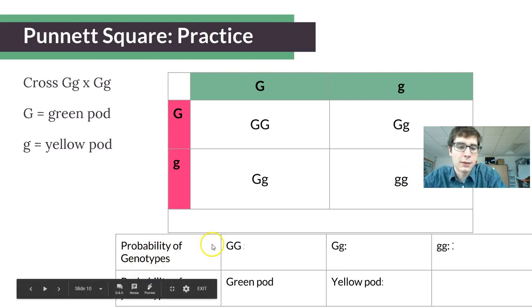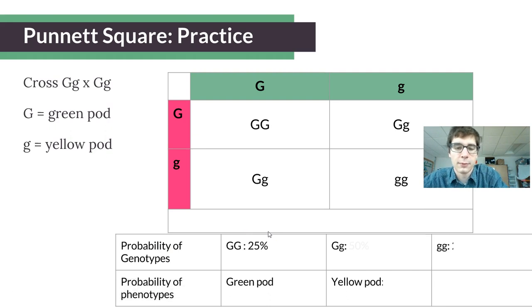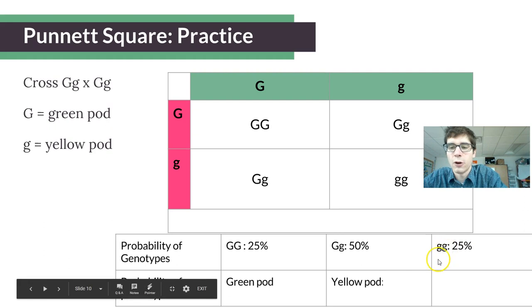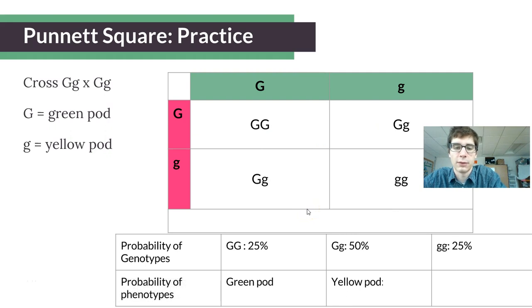Now, probability of each of these genotypes, we're going to get capital G, capital G, 25%, heterozygous, 50%, because it's 2 out of 4, leaving 25% for the homozygous recessive. Again, that's because it's 1 out of 4 is our possibility of getting that.